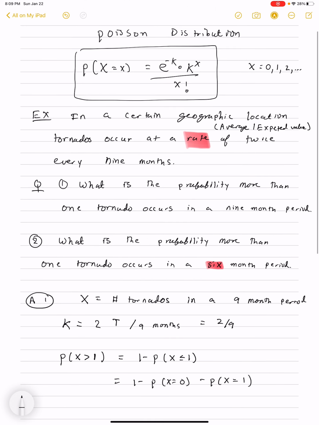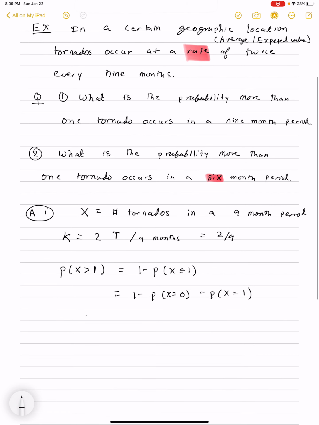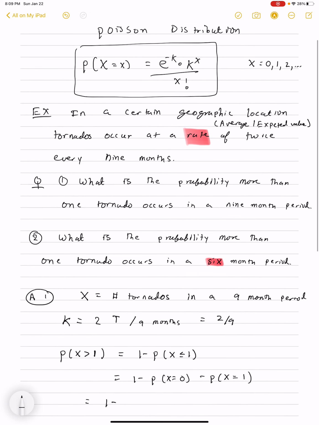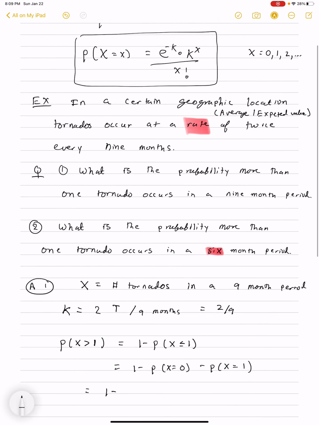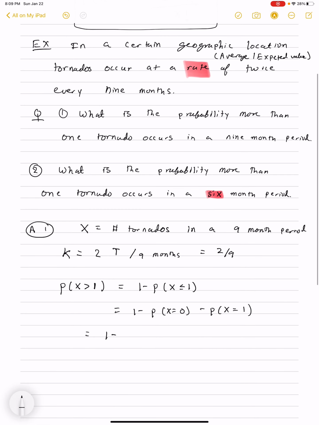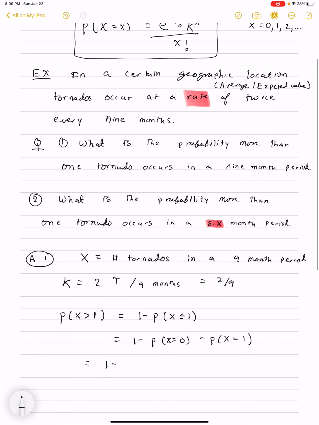All that's left is to use the formula in that box. So this will be 1 minus, and this will be e to the minus k times k to the x divided by x factorial. And the value of x is given in the probability below. So this will be e to the minus 2/9 times 2/9 to the 0th power, which is 1, divided by 0 factorial.